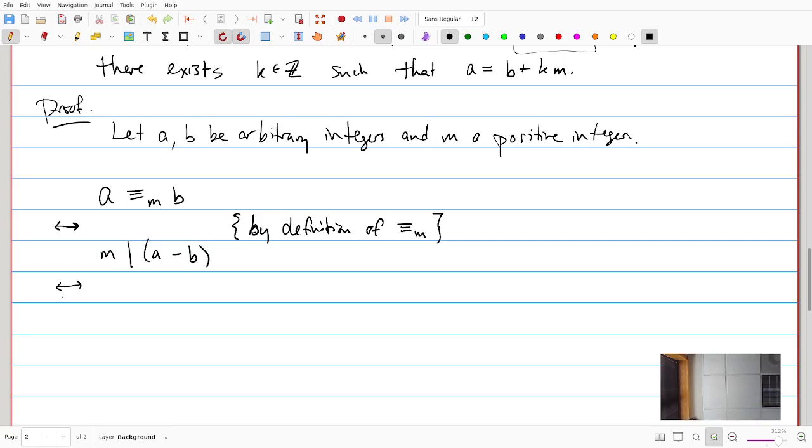Yeah, Olivia? I want to say there exists an integer k such that, what? It's maybe slightly confusing because the definition was using A and B, but they were playing different roles than the letters A and B are playing now, right? But it should be that there exists an integer k such that k times M equals A minus B.